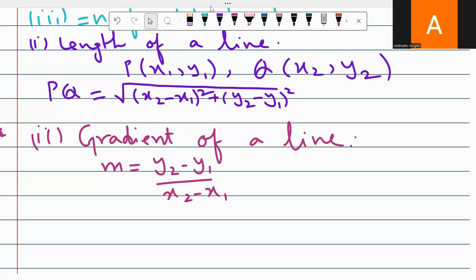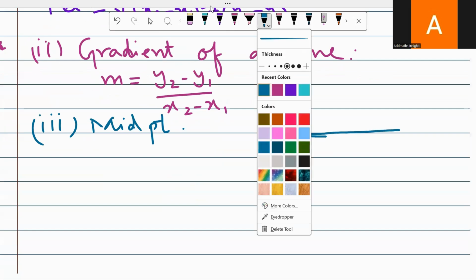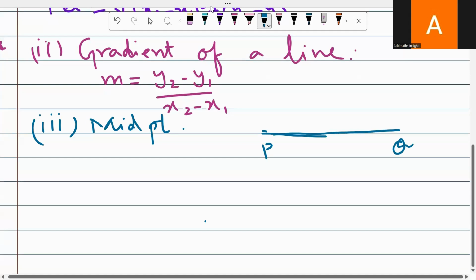Similarly, if you have to find the coordinates of the midpoint. Midpoint means the middle point of the line joining these 2 points P and Q. For example, if P and Q are any 2 points, then M is this point, the middle point.